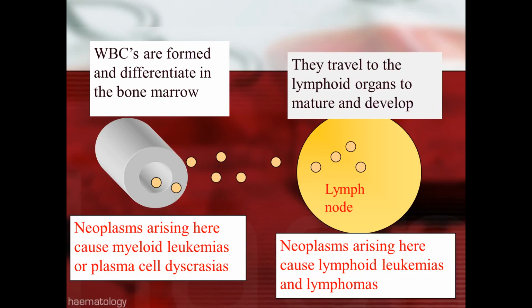So what you see here is we talk about white blood cells are formed and they differentiate in the bone marrow. I explained differentiation in terms of a child growing up. Like a 5-year-old would not be differentiated. All 5-year-olds are pretty much the same. They don't know what they want to do in life. So they're non-differentiated. They're not different from each other. 25-year-olds, we're well on our way, kind of have an idea of what we're going to do. We're working at it.